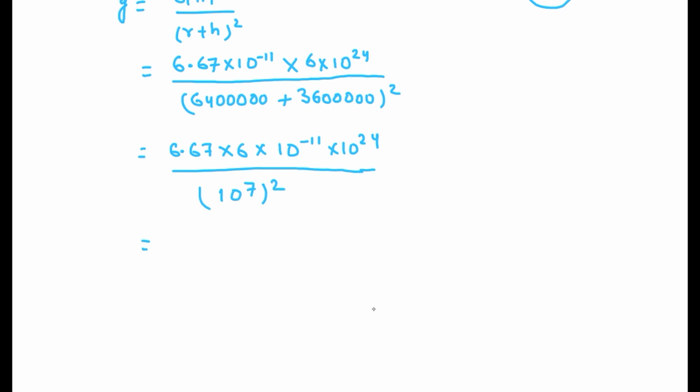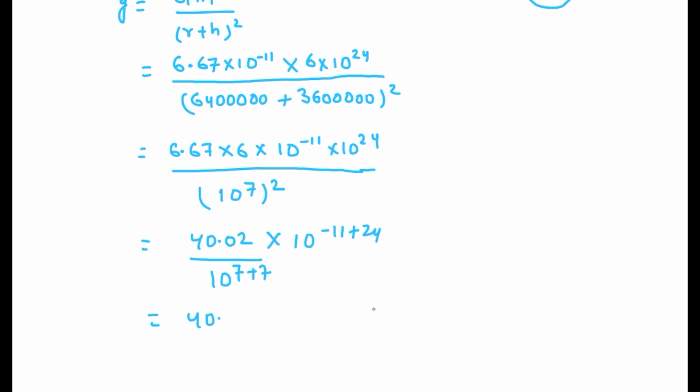So first multiply 6.67 into 6, it becomes 40.02. Here the base is the same, so the powers should be added, and 10 to the power 7 whole square means 10 to the power 7 plus 10 to the power 7.